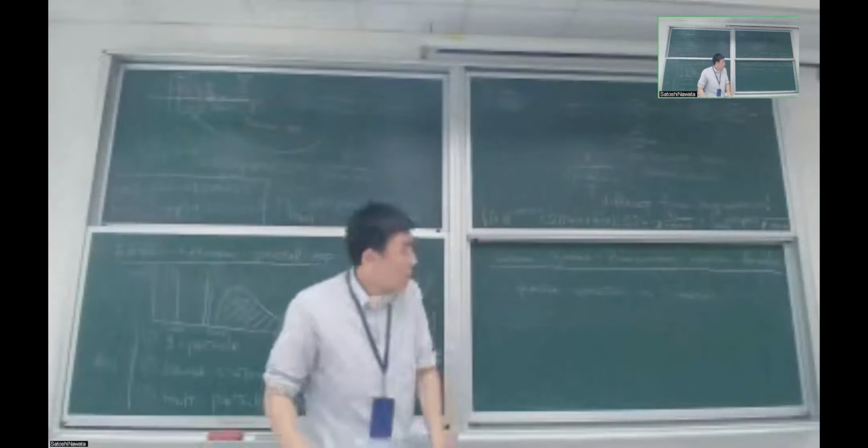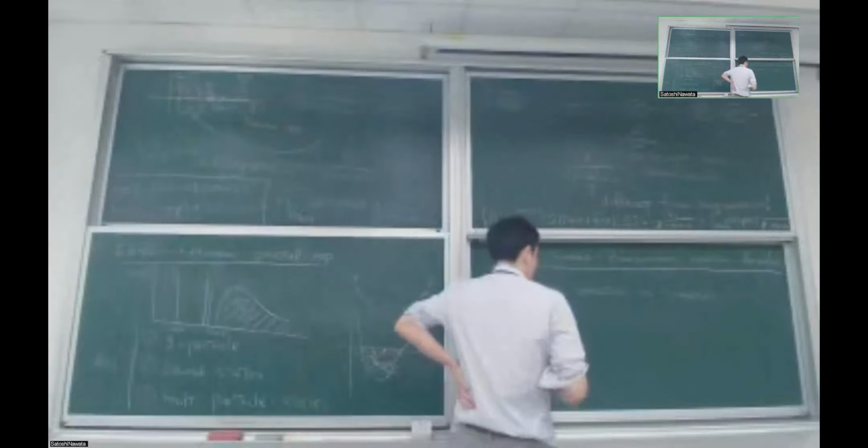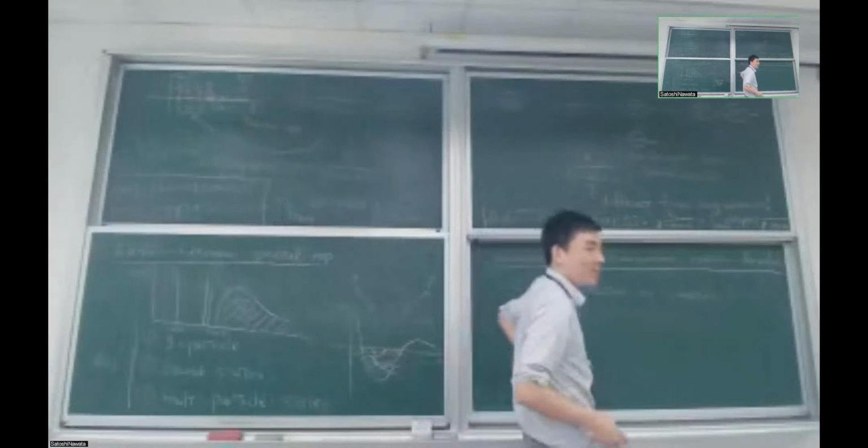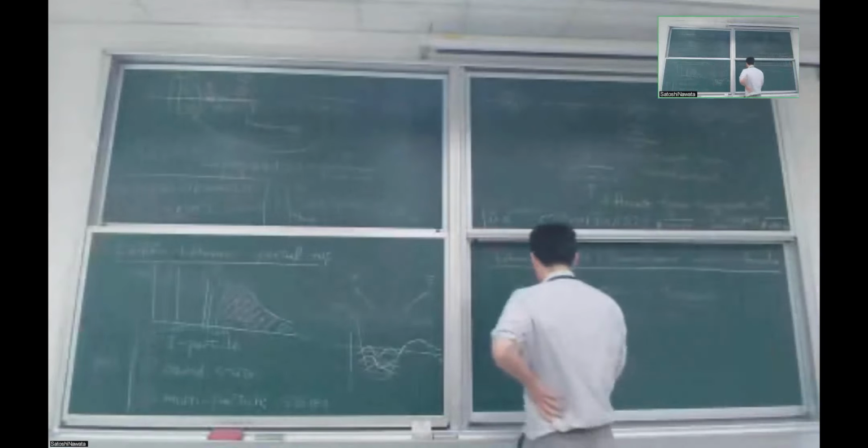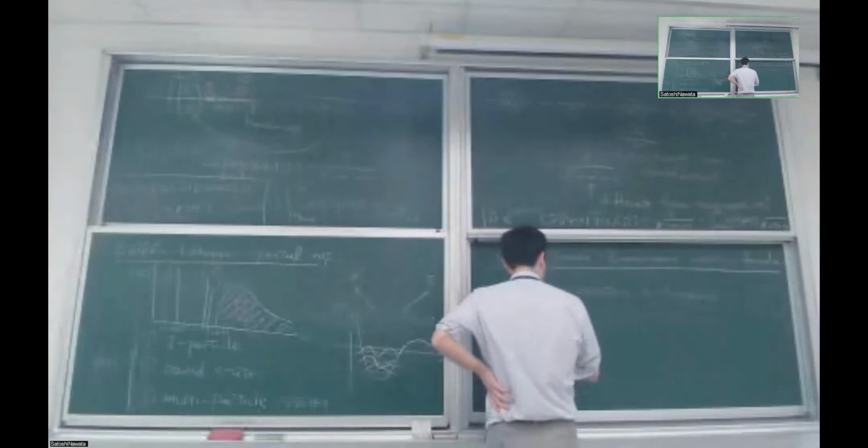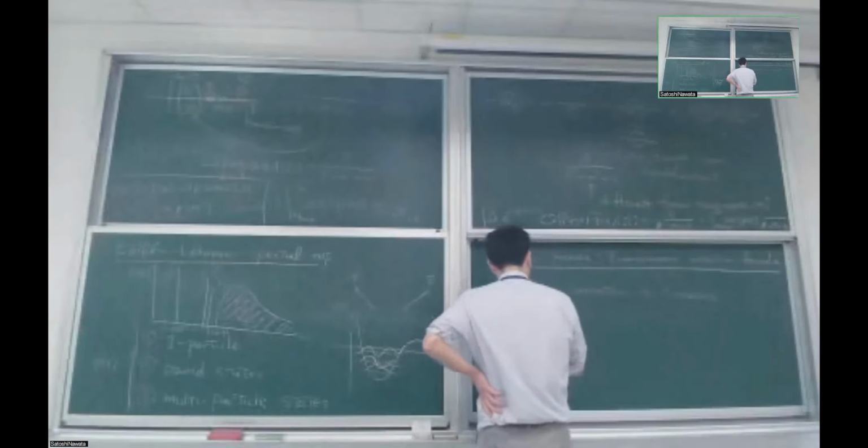When we talk about the S-matrix, in the middle of the semester, this is the last lecture, but in the middle of the semester I talked about the S-matrix. The S-matrix is the unitary transformation element from initial states to the final state.